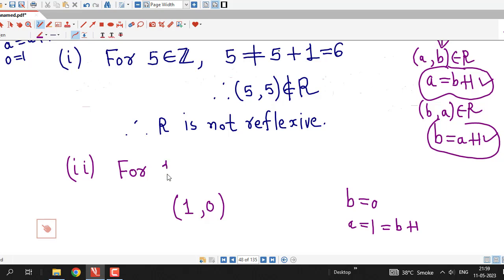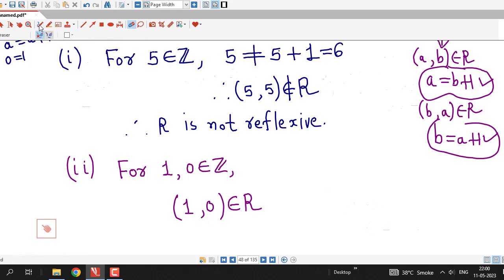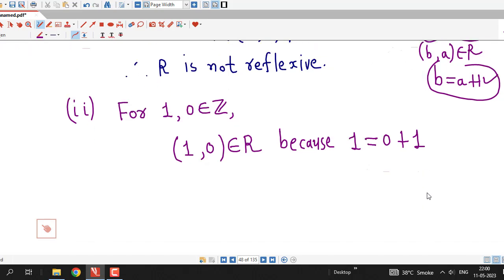So (1, 0) belongs to R. What is the reason? Because the first element equals the second element plus 1. (1, 0) belongs to R because 1, the first component, is equal to the second component 0 plus 1.